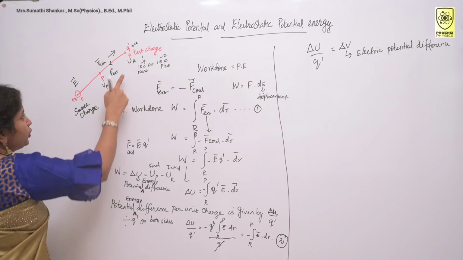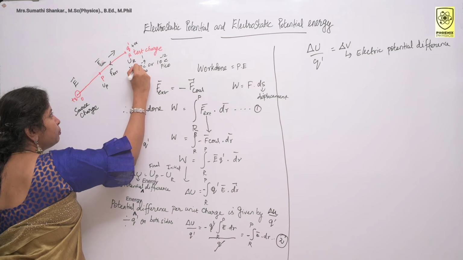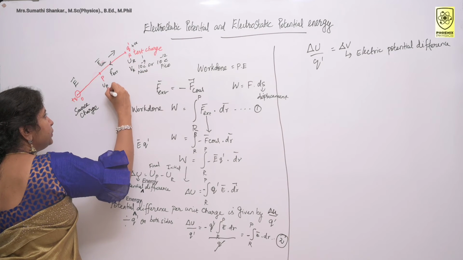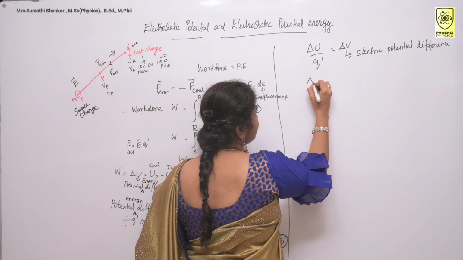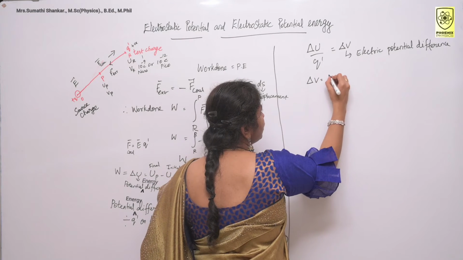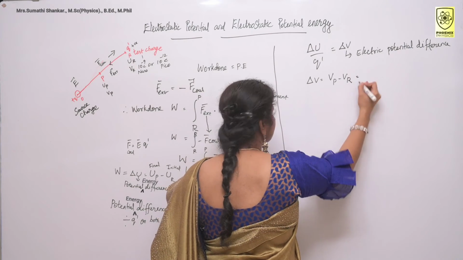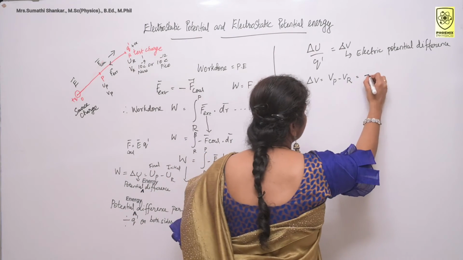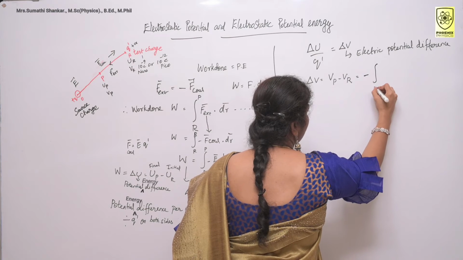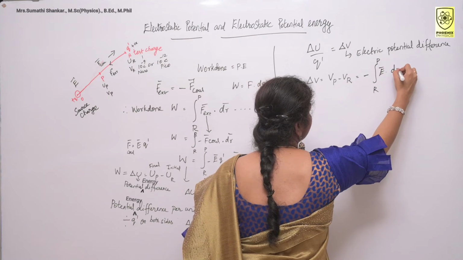See, the potential at R is VR, and the potential at P is VP. So how do you write delta V? Delta V is equal to VP minus VR, that is equal to minus the integral from R to P of E vector dot dr vector.